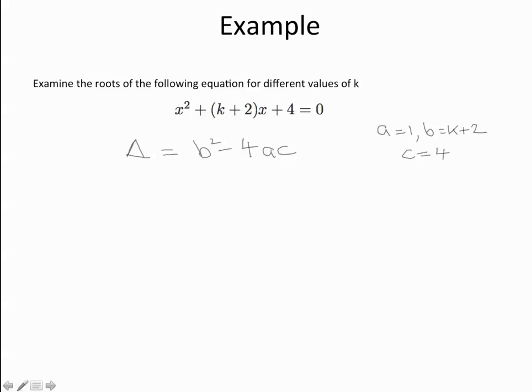And I have to be able to substitute this in. So we've got (k plus 2) all squared minus, and here we'll have a bit of arithmetic: 4 times a times c, which is 4 times 4 again, is 16. Let's work this out. k plus 2 all squared is k squared, plus 2k plus 2k is 4k, plus 2 times 2 is 4, minus 16.